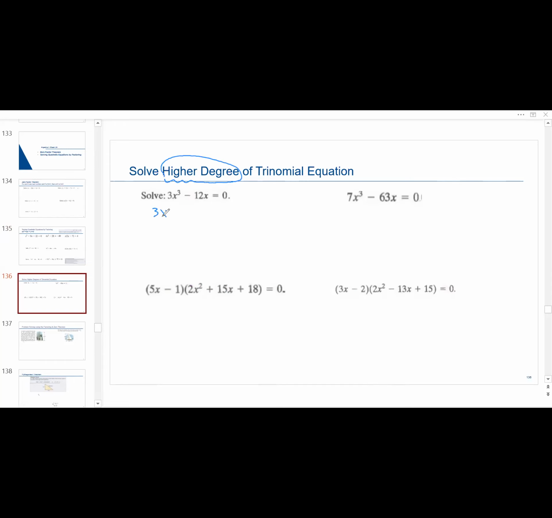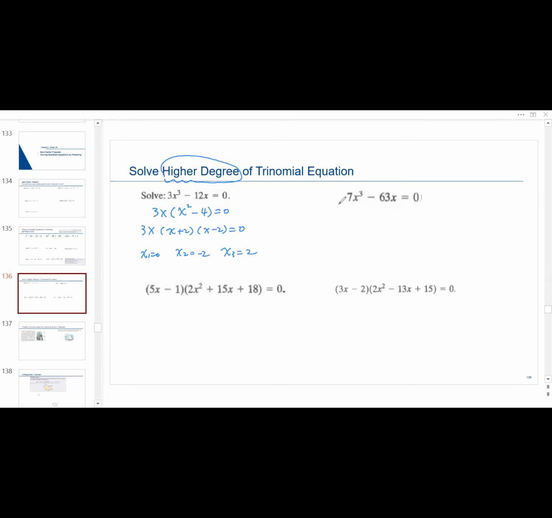So 3x is the common factor, and the rest is x squared minus 4, right? So 3x, and this one you can factor as x plus 2, x minus 2. So x1 equals 0, x2 equals -2, x3 equals 2, right?